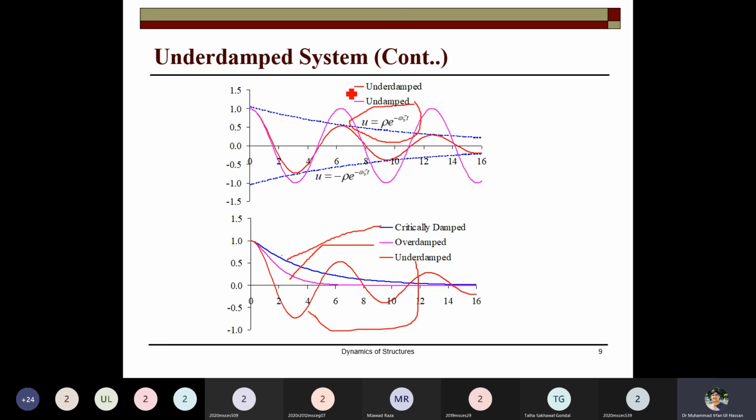So this is the plot of the three motions, I mean underdamped, overdamped and critically damped system. And most of the engineering structures lie with this underdamped system. Initially the vibration is higher and then with time the vibration starts reducing.